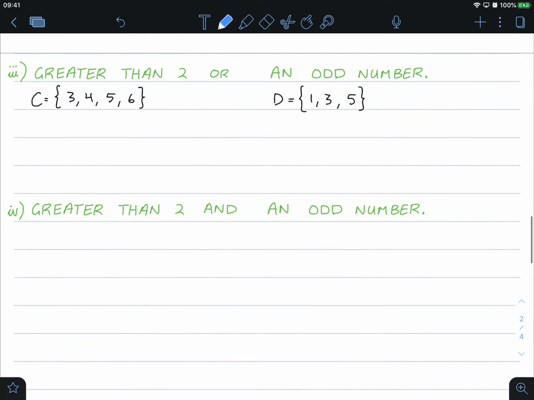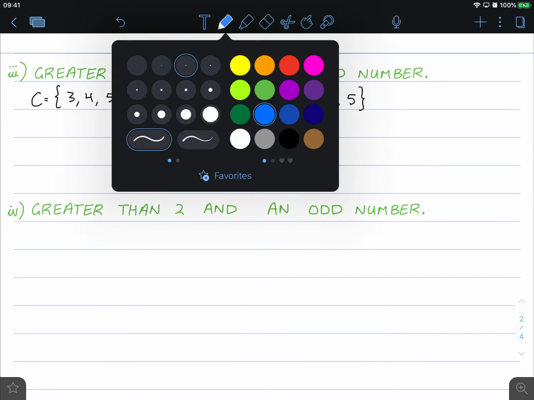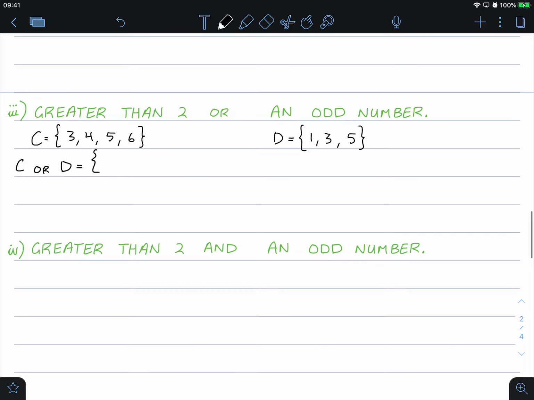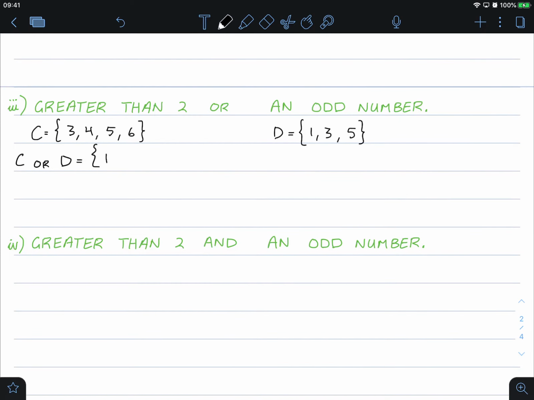You can go ahead, pause the video, and give this a go yourself. Let's do this first: greater than 2 or an odd number, and then greater than 2 and an odd number. Let's do it like so: C or D. Remember the OR condition, we count every single number in both groups without double counting. So going from lowest to highest, 1. The next number is 3.